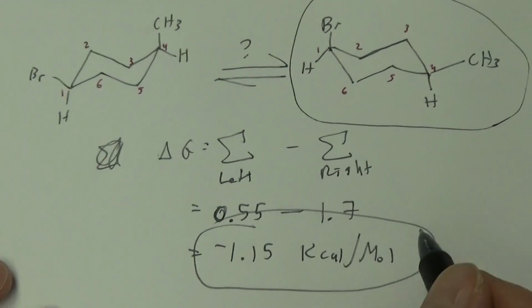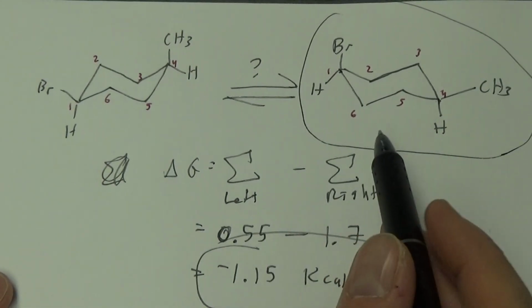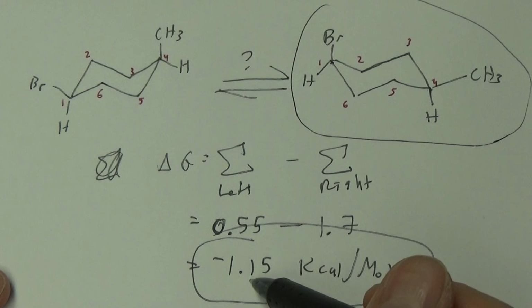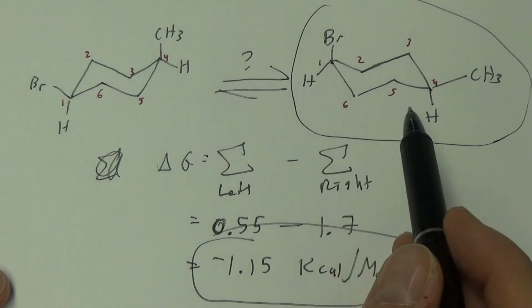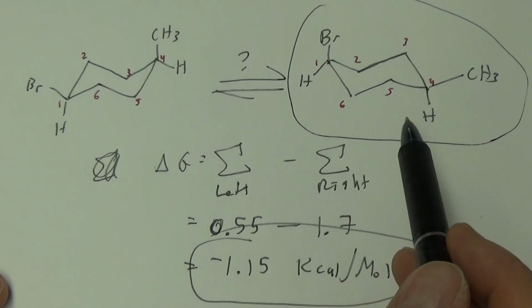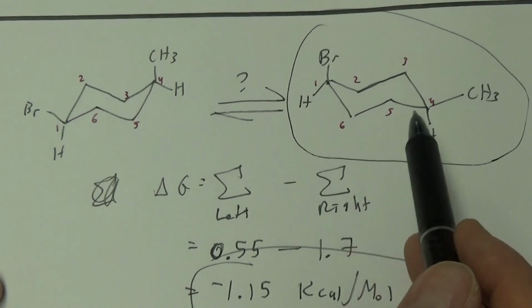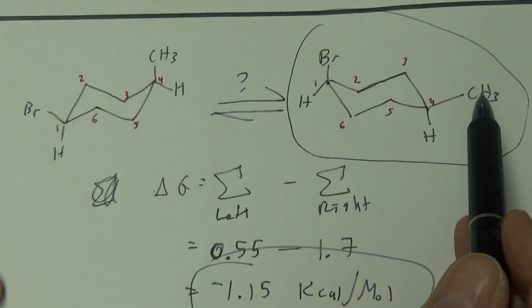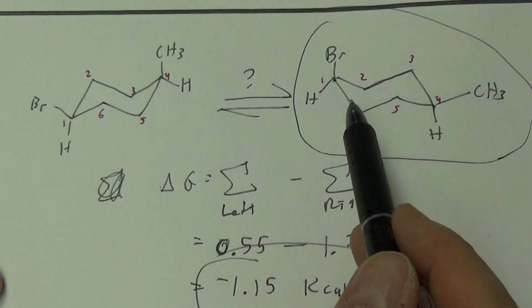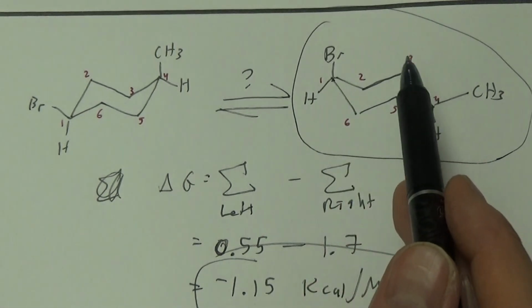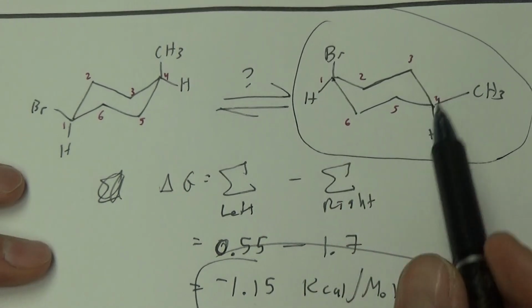Isn't that cool? So we have a predicted delta G, negative, showing that the right side is the dominant conformation, with the larger thing being equatorial and the smaller thing being forced to be axial, right?